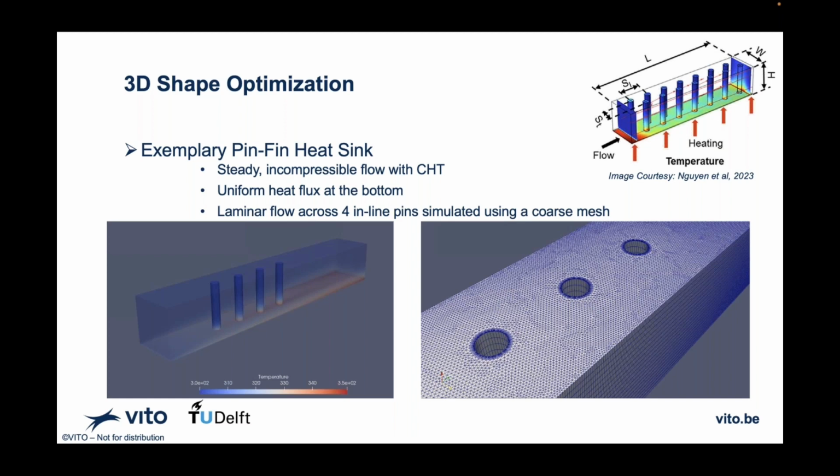Question over there? I have two short questions. First, how many parameters do you have? And second, are there any instabilities you encounter in this design space? Thank you for the question.